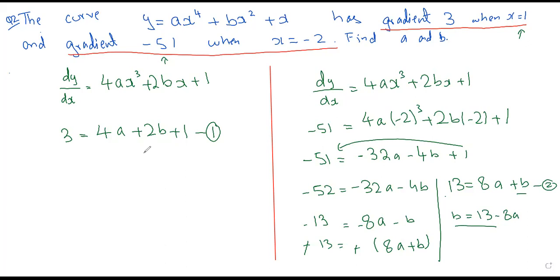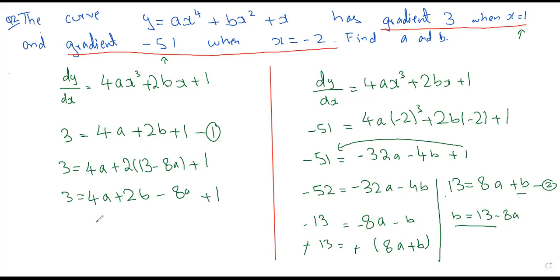So that would be 3 equals 4a plus 2 into 13 minus 8a plus 1. 3 equals 4a plus 26 minus 8a plus 1.